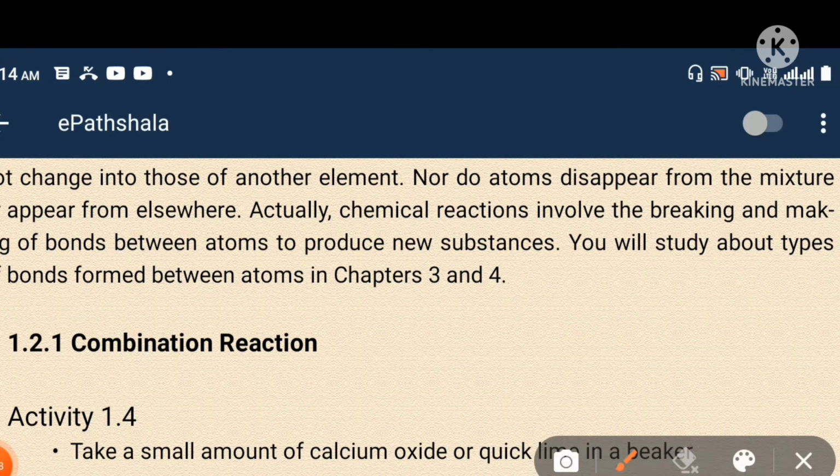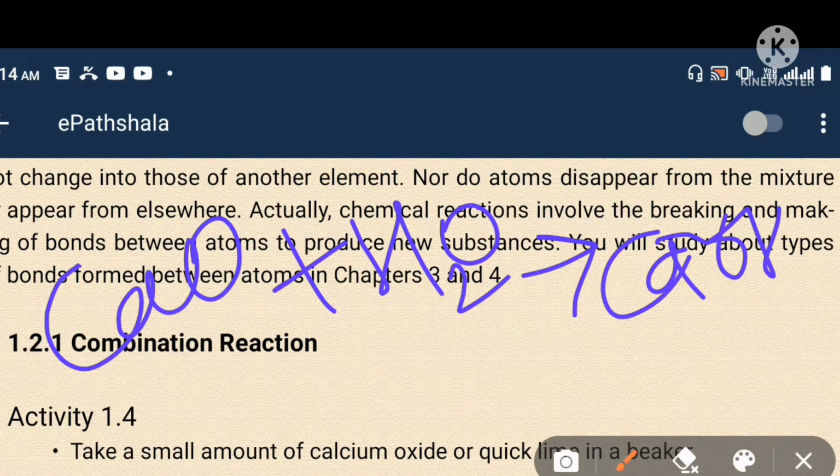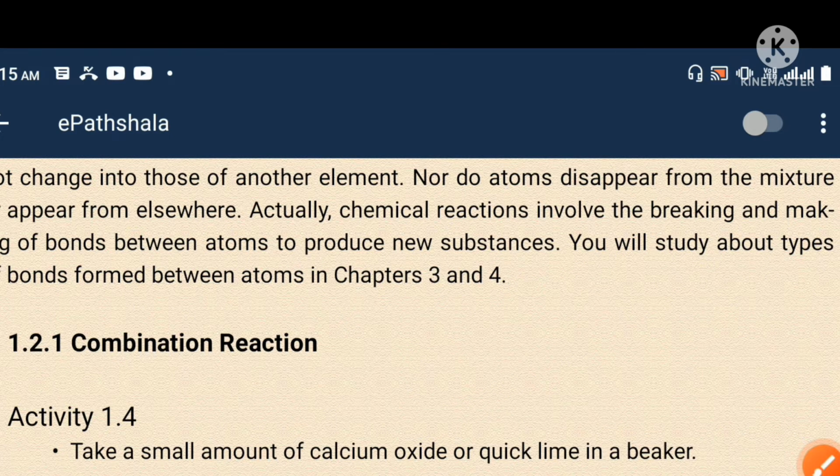Third, CaO, calcium oxide, plus water forms calcium hydroxide, Ca(OH)2. Here both are compounds. So we have discussed examples of two elements, one element and one compound, and two compounds. This is combination reaction.